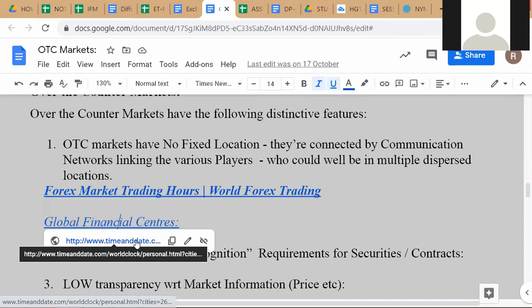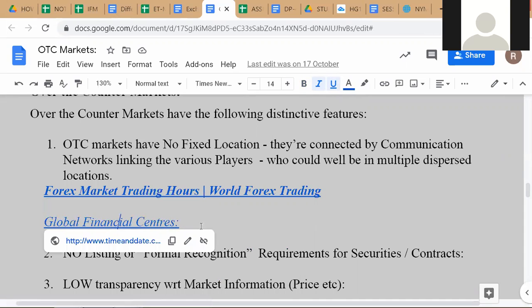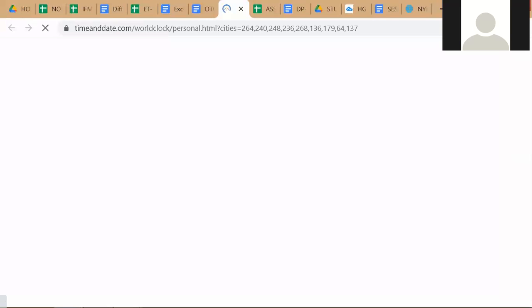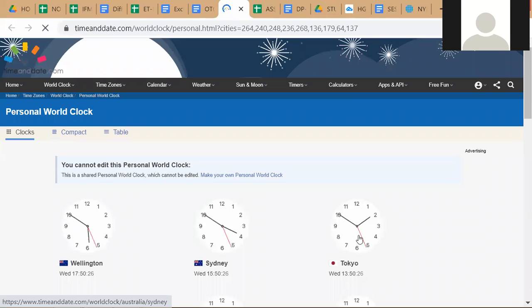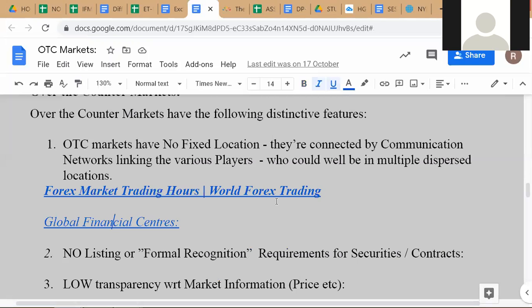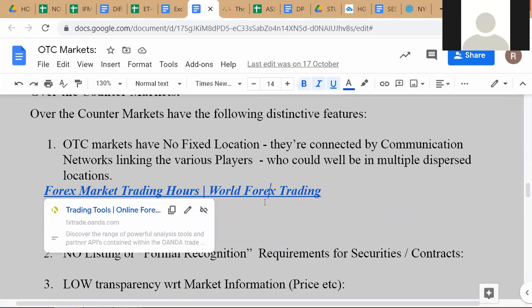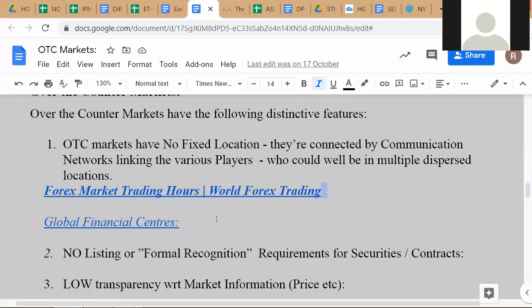Let me see if I can, hopefully this is the link that opens. I already have it open somewhere else. Yeah, okay, good. These guys had a very good Forex trading hours applet, but that's not working right now. They've changed the design.